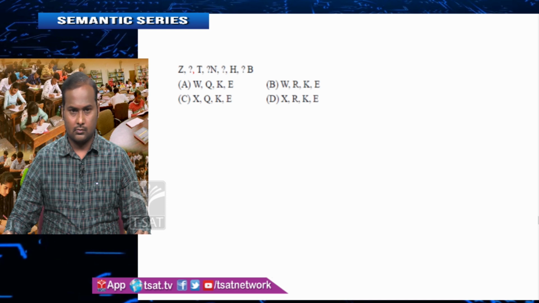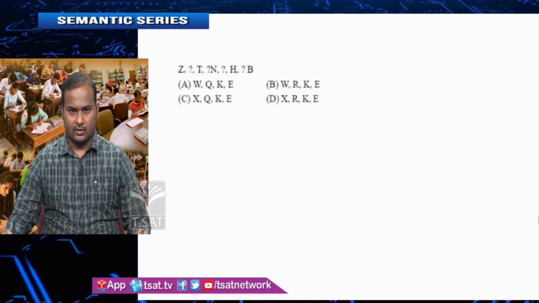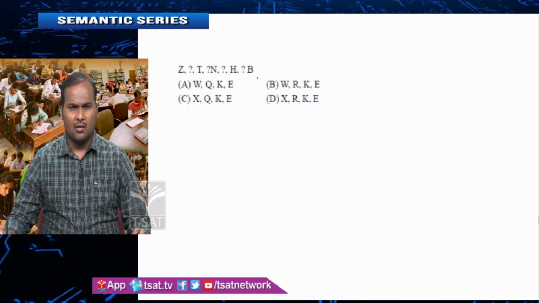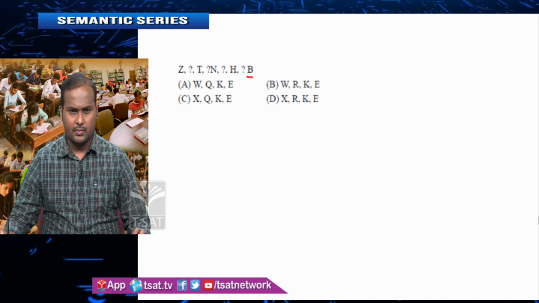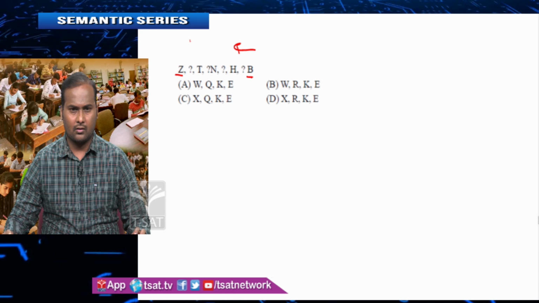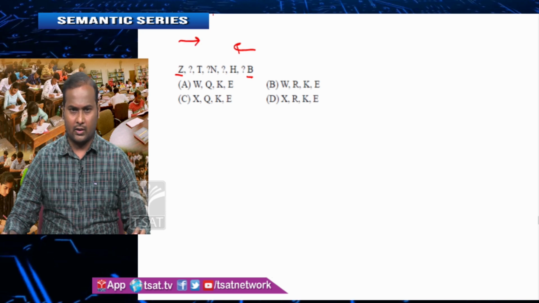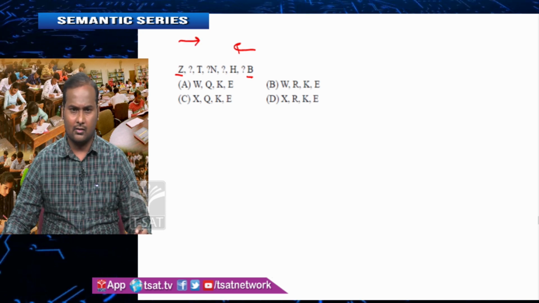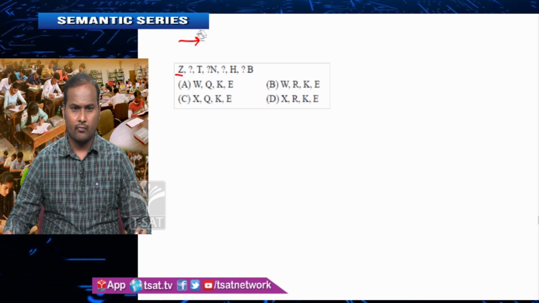See in this question, this is the series that is given, but here it is B and here it is Z. So either it is increasing in this format or you can decrease in this particular way. You can do it either way, that answer will be correct.